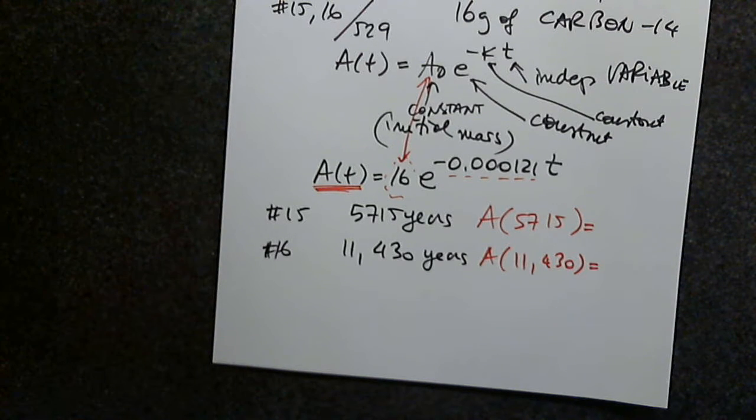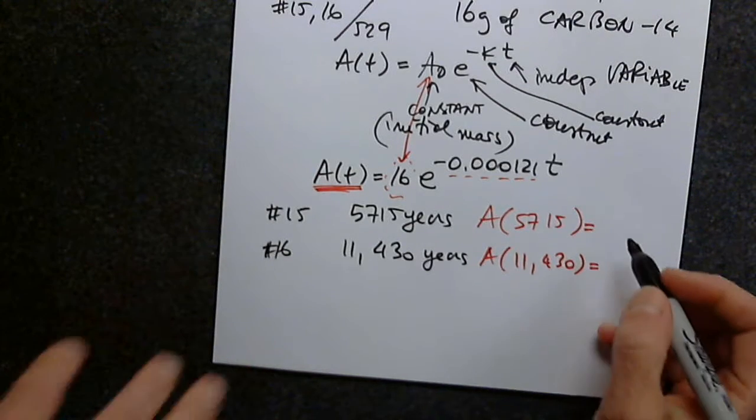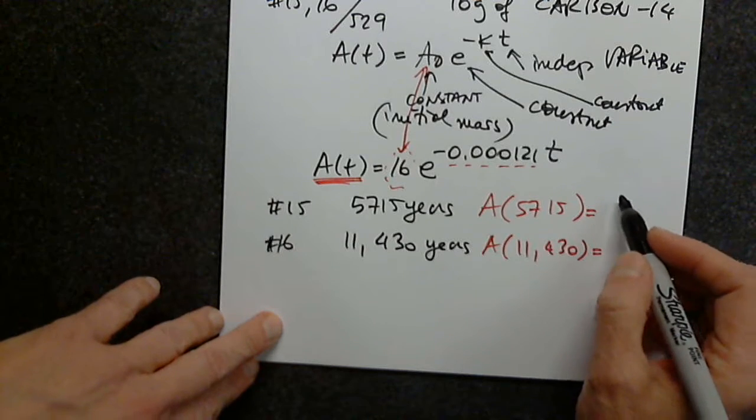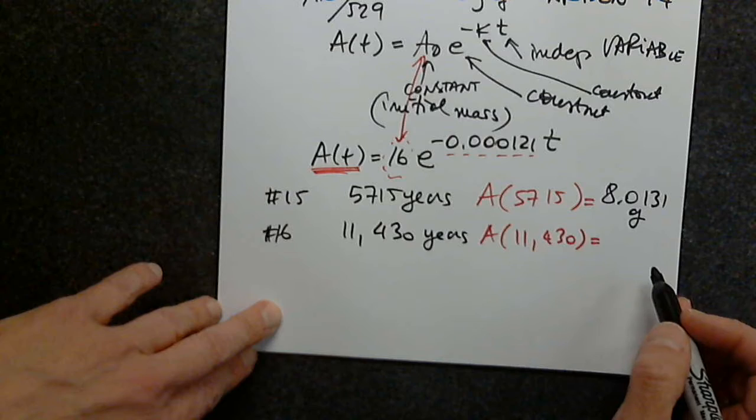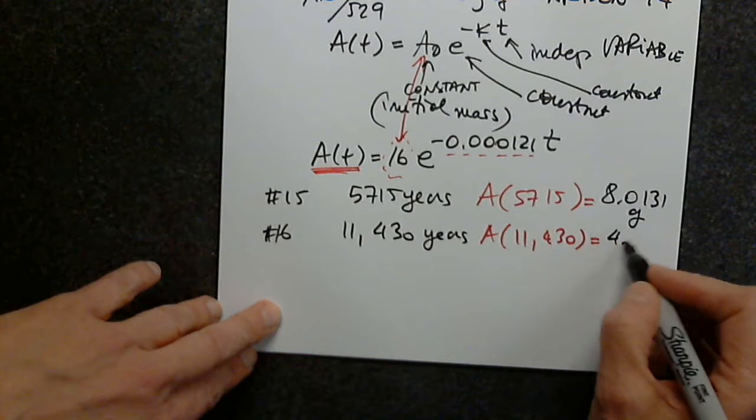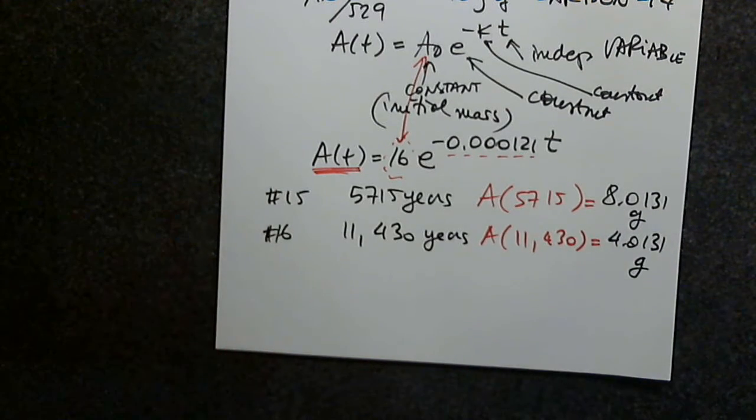And then we go to second and table, and we put in 5715 and 11430. And you see the y value, or the function value, is 8.0131 grams and 4.0131 grams.